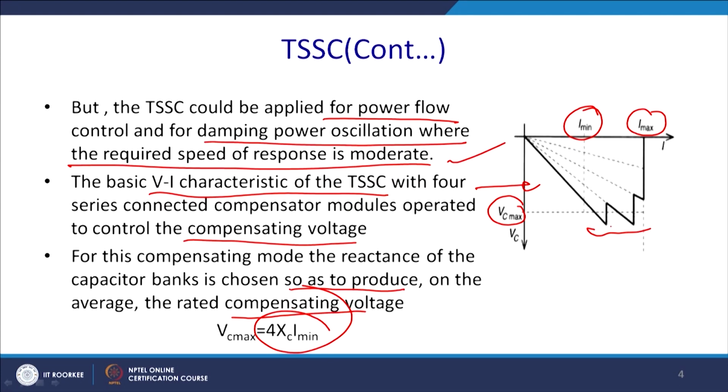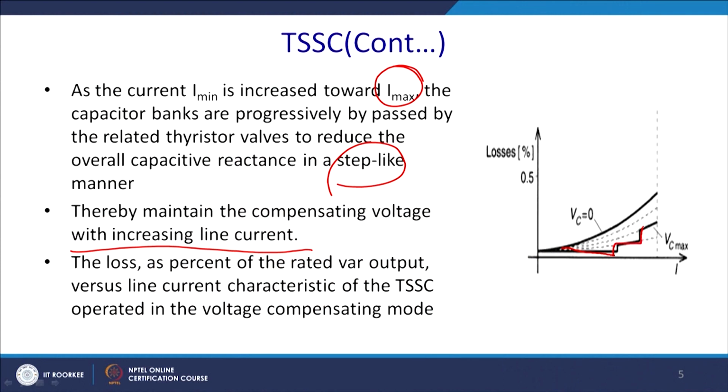For this reason you have this kind of spikes in admittance, thereby maintaining the compensation voltage with increase in current limit. Since you are changing the impedance of the line, the current limit may be touched, and thus also the loss. So, ultimately you will have this kind of thing.